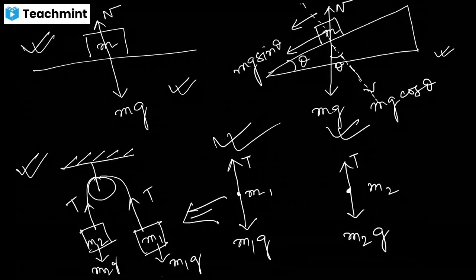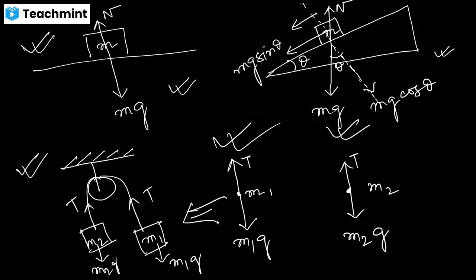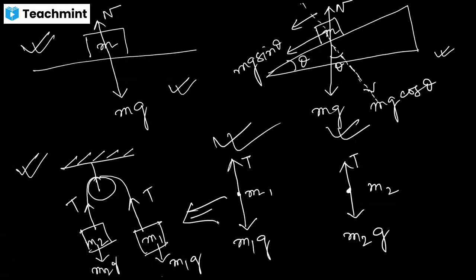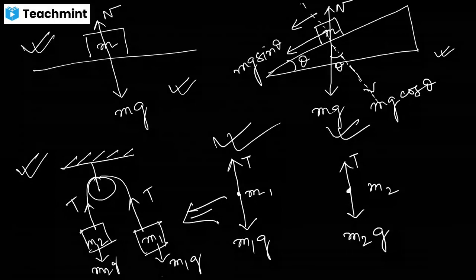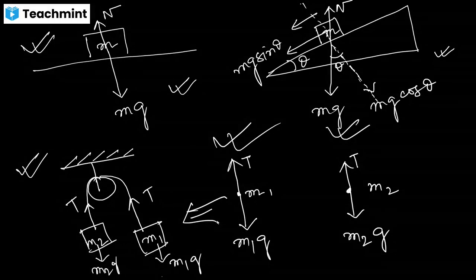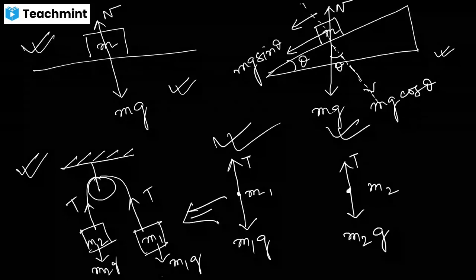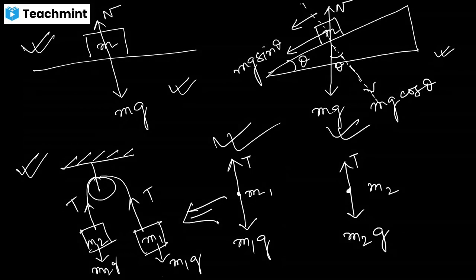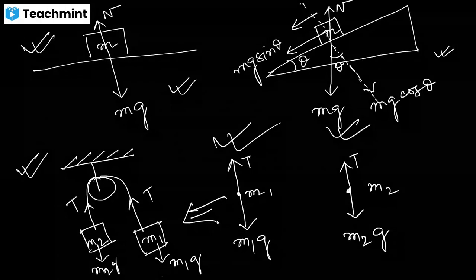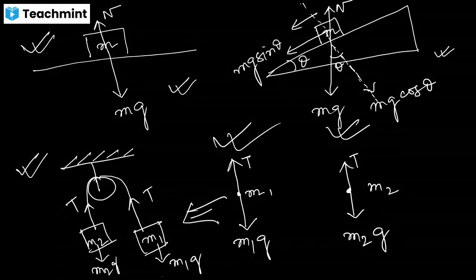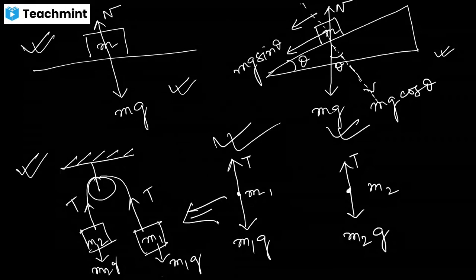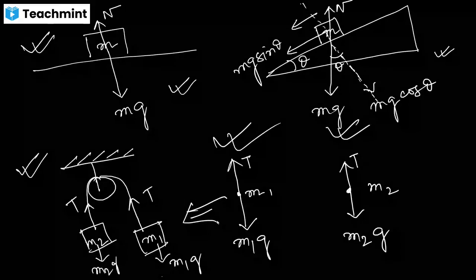Now, one by one, we'll understand all the things with respect to the free body diagrams. Because in Newton's first law of motion, it was said that whenever an unbalanced force is not applied on an object, the object will not change its state. That means if an object is in the state of rest, it will continue to be in the state of rest. And if the object is in the state of motion, it will continue to be in motion.